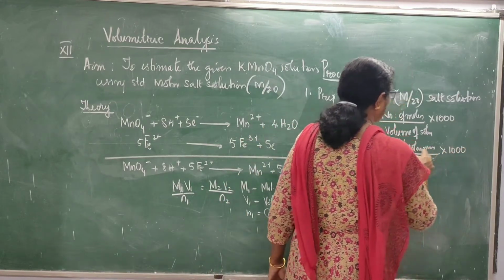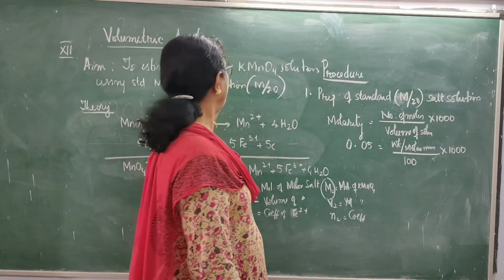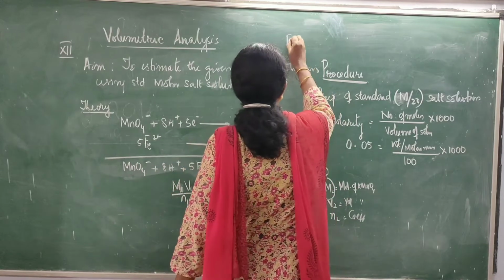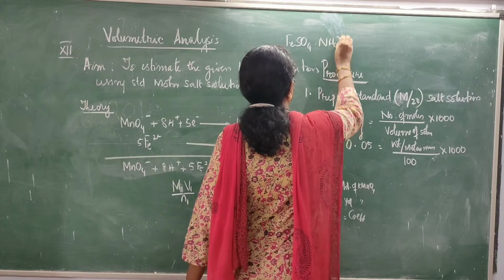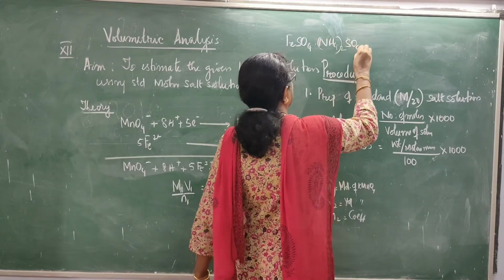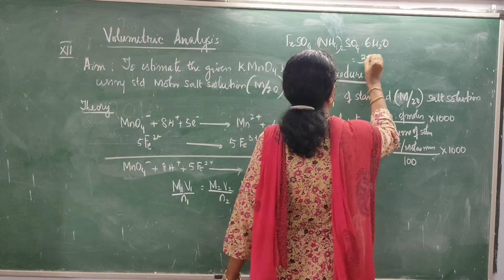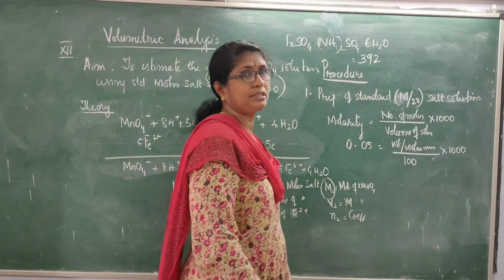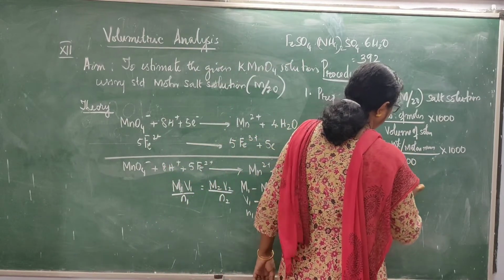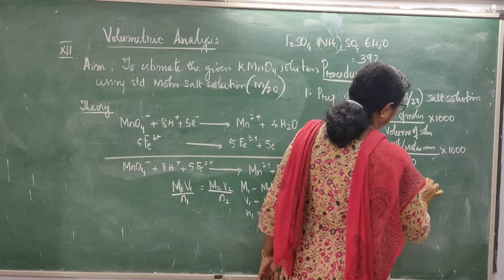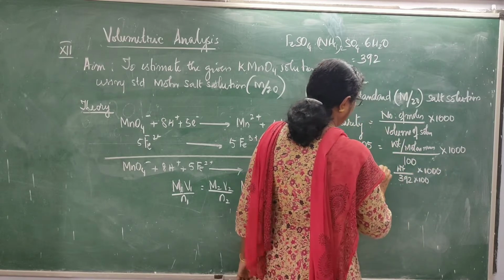Now what is the molar mass of Mohr's salt? It is 392; you add all the atomic masses in FeSO4, (NH4)2SO4, 6H2O. So instead of molar mass we use 392: mass divided by 392 into 100 into 1000 is equal to 0.05.